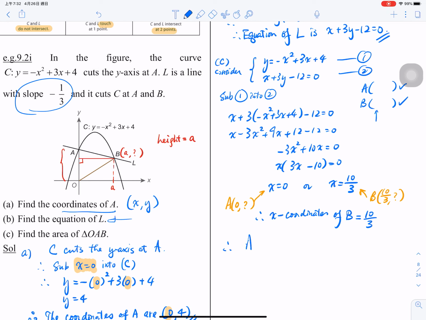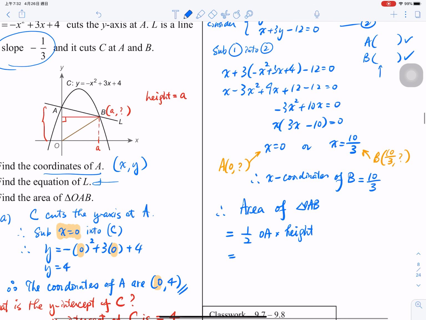Very good. Therefore, area of triangle OAB equals to half times OA times the height of the triangle. So now what is OA? OA equals to 4, right? Correct.